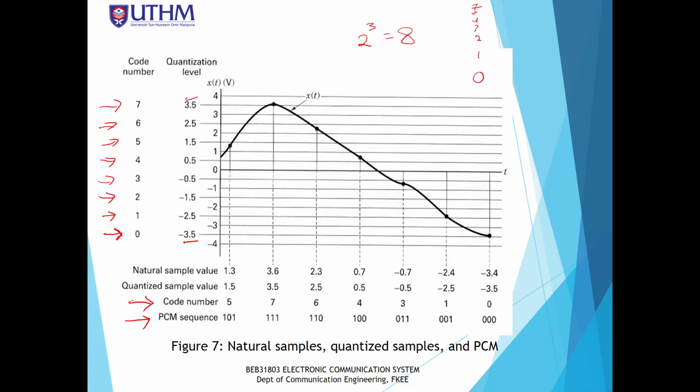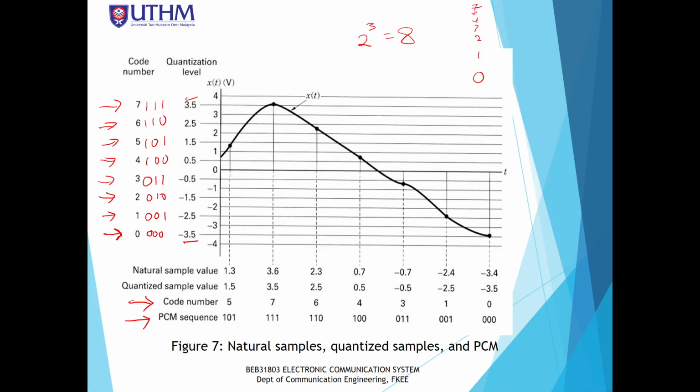This code number is actually in binary: 000, 001, 010, 011, 100, 101, 110, 111. So the decimal code number is also represented by the binary code number.